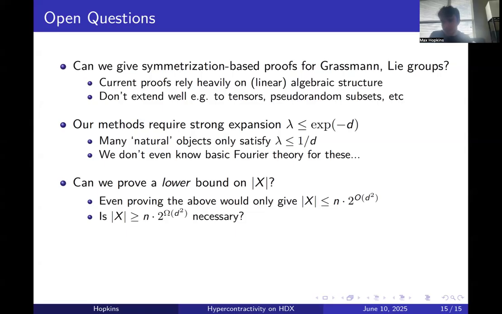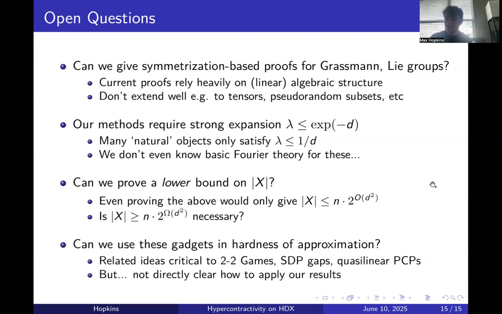There's some intuition for why this would be true based on needing good structure under all restrictions, which requires more density than a standard pseudorandom object would have, but I don't really have any idea how one would prove this. And finally, probably the most important question is, can we actually use these gadgets and this theory of global hypercontractivity for something? The theory has been incredibly useful on general product spaces and Lie groups and these extended domains, but it's not yet clear quite how you would plug a high-dimensional expander into these contexts and make an improvement.